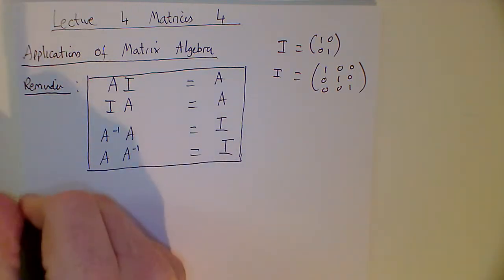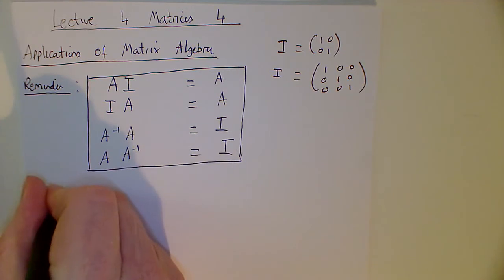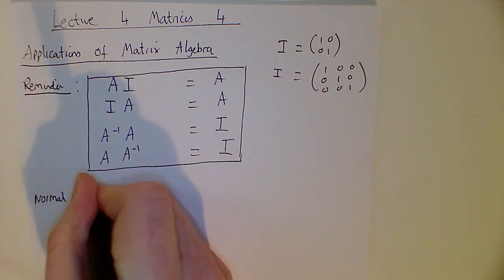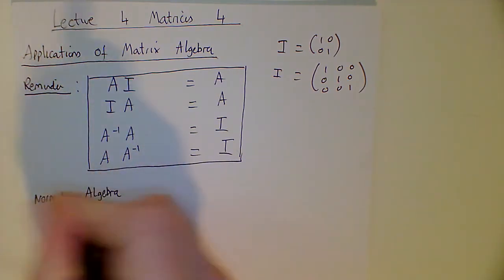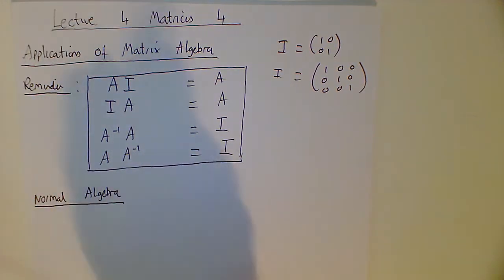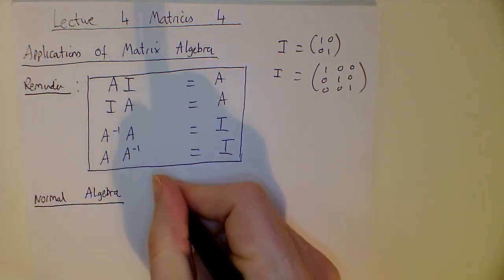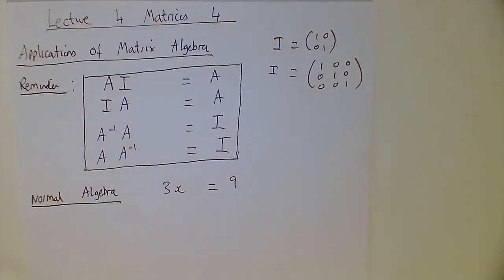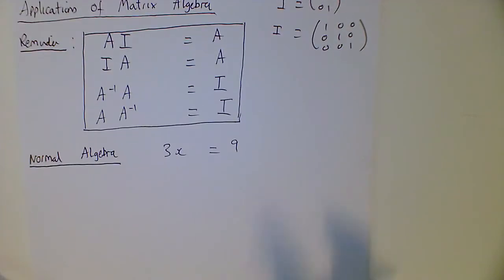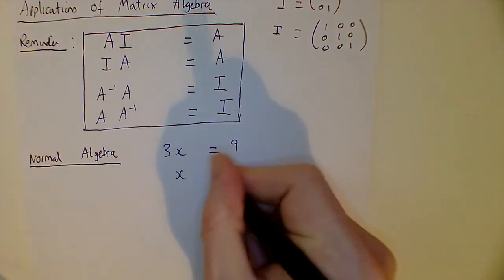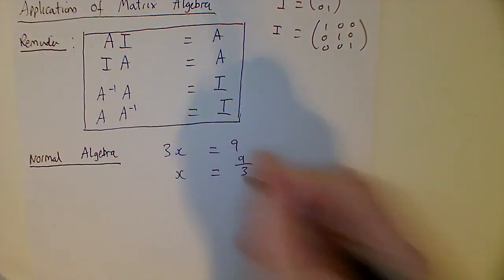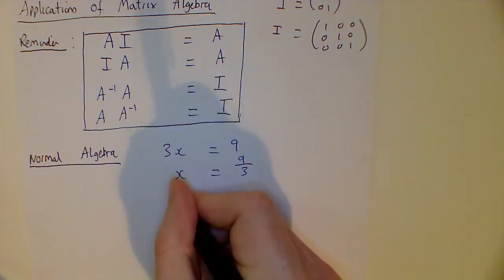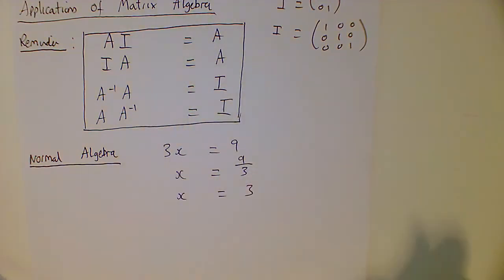What I want to think of is that we're going to look at something with normal algebra. If I had something like 3x equals 9 and I wanted to solve that, I would just do that and my answer would be 3.